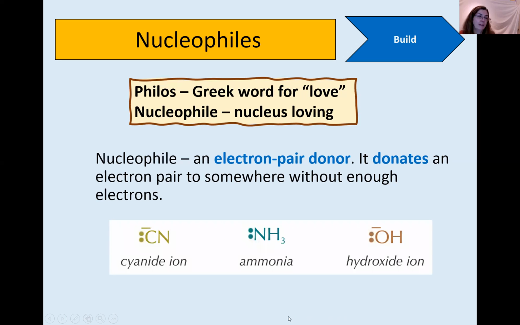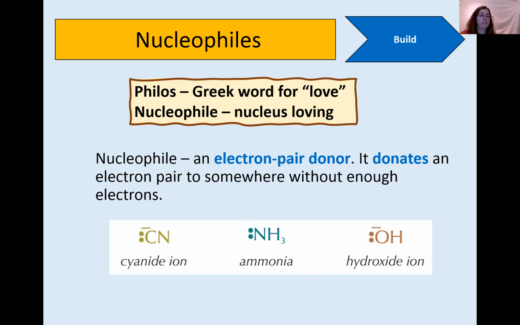So nucleophiles are things like a cyanide ion. So cyanide is C triple bond N, and it's formally charged as -1. And then we've got the ammonia molecule, and that's got a lone pair of electrons.